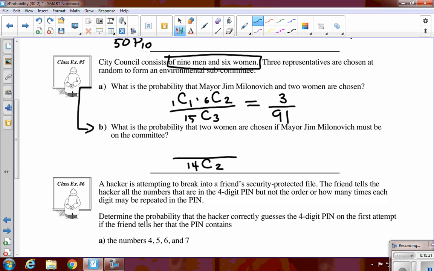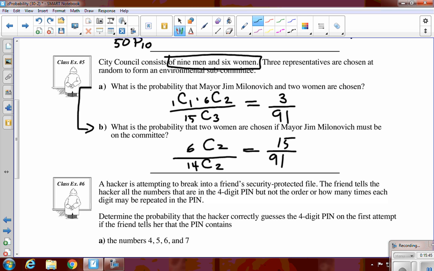Now, Jim must be on the committee, and the rest are women. So how many women do we have to choose from? 6 choose 2. What's that probability? 15 over 91. Nope, because it's saying he's on and just 2 women. And it's still the 3-person committee, so we don't have to even think of the men.